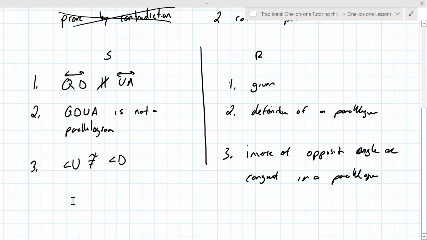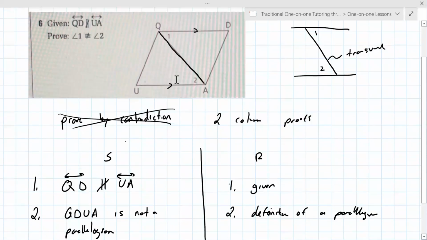So normally we'd say they're congruent because the opposite angles are congruent in a parallelogram, but since it's not true, we're going to use the inverse. Okay. All right, so that means that U is not congruent to D.